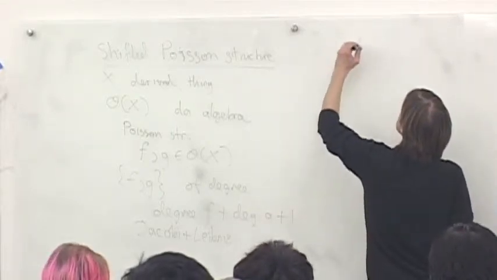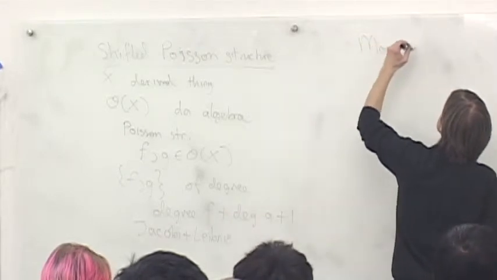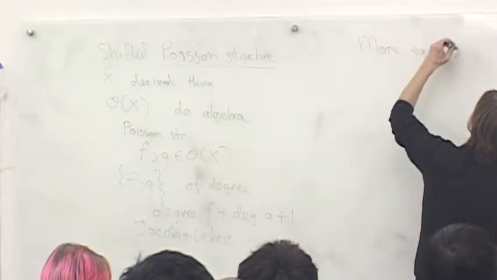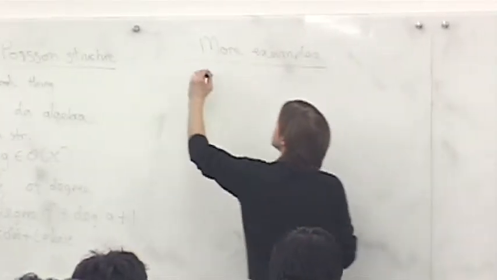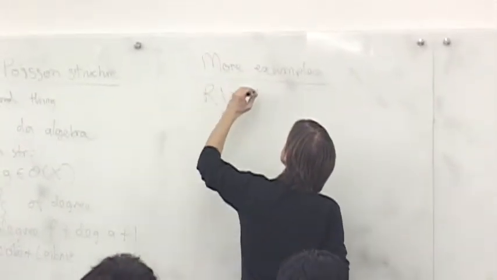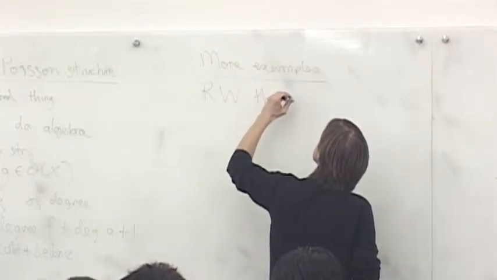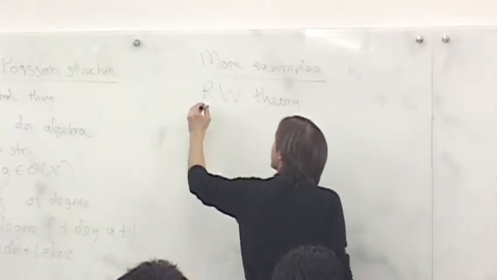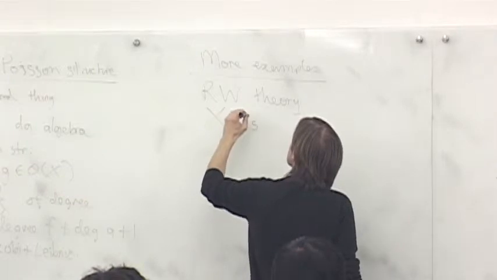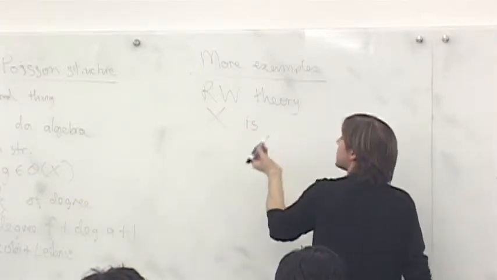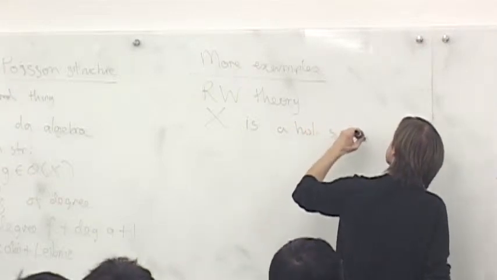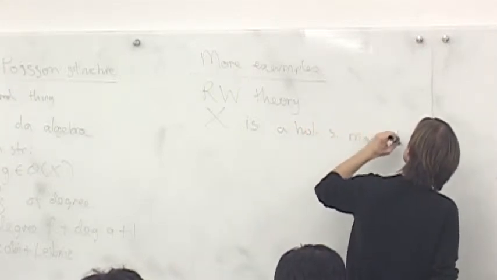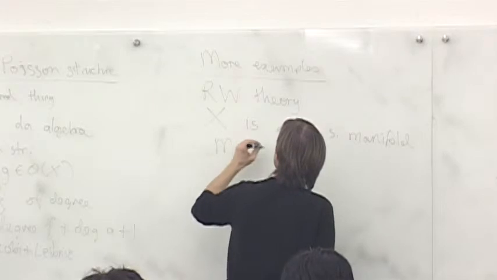So let's give you more examples. This next example is going to be Rozansky-Witten theory. Suppose that X is an ordinary, for example, a holomorphic symplectic manifold, and M is a 3-manifold.